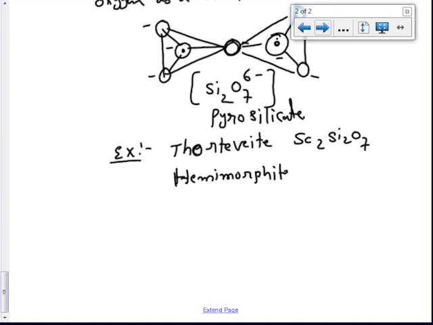The hemimorphite formula is Zn3Si2O7(OH)2·H2O, that is, Zn3Si2O7, Zn(OH)2 twice, zinc hydroxide, dot H2O. This is the pyrosilicate formula.